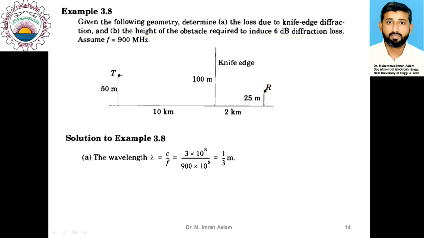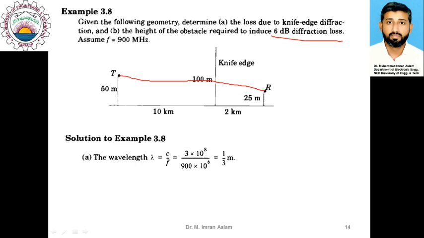this is the line of sight path between transmitter and receiver. If I ask you to have 6 dB loss, as we have discussed previously, 6 dB loss corresponds to the parameter where nu has a value of 0.